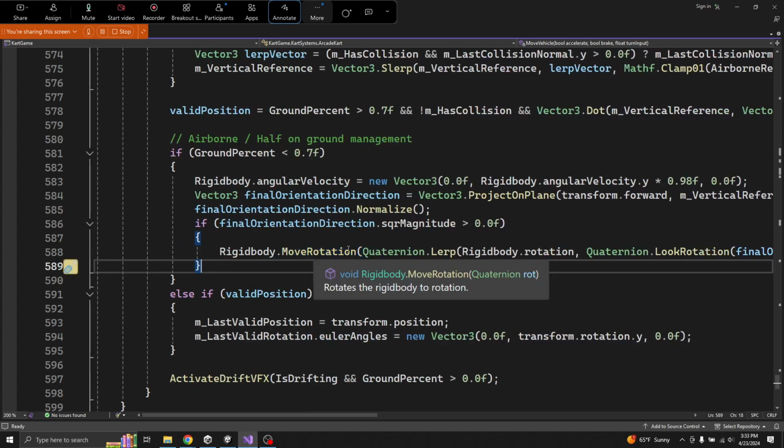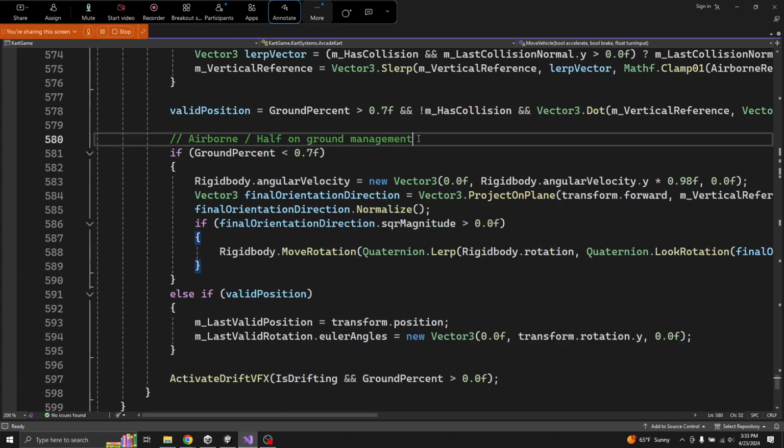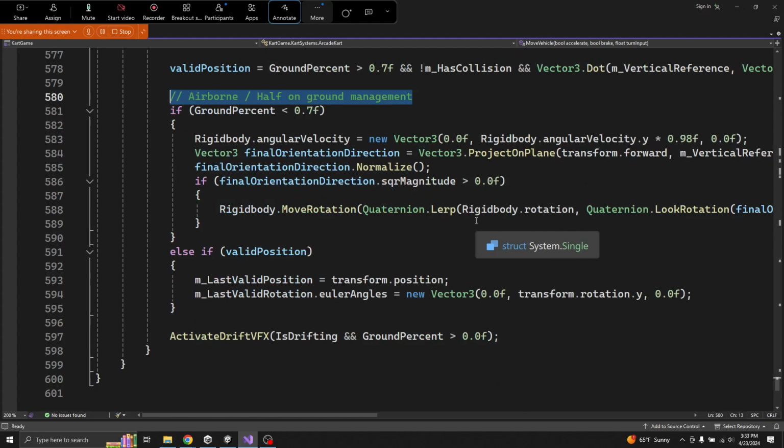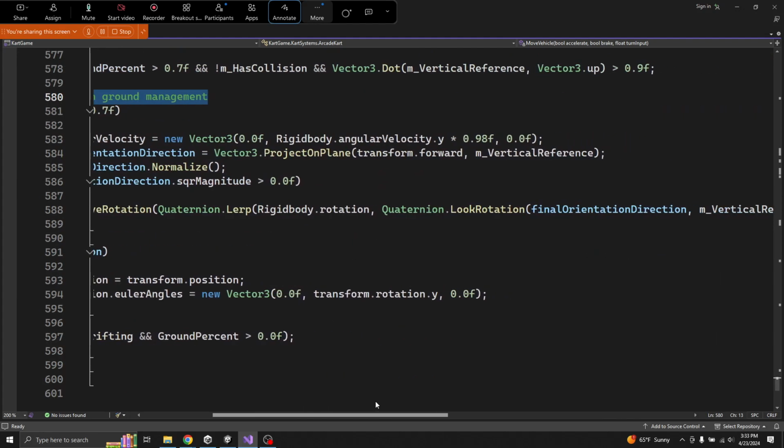So we're just managing, if we're almost half on the ground or something, this is just managing the rotation of our rigidbody. All right. So the notes aren't that clear.